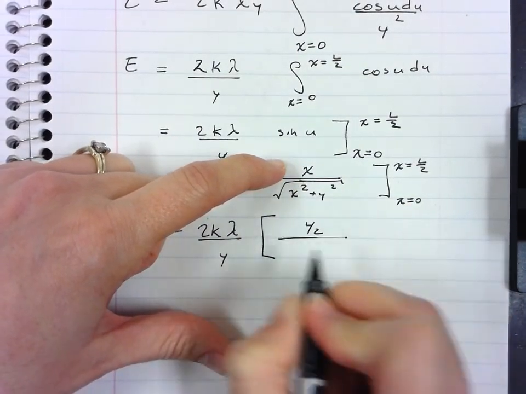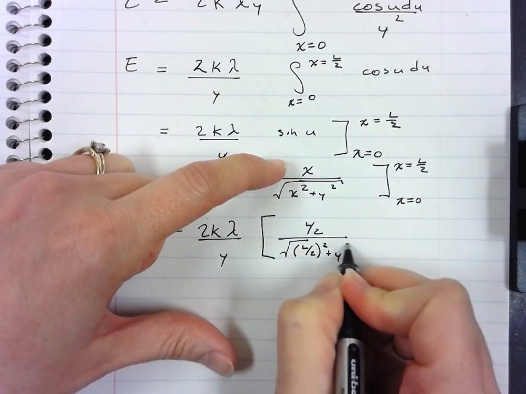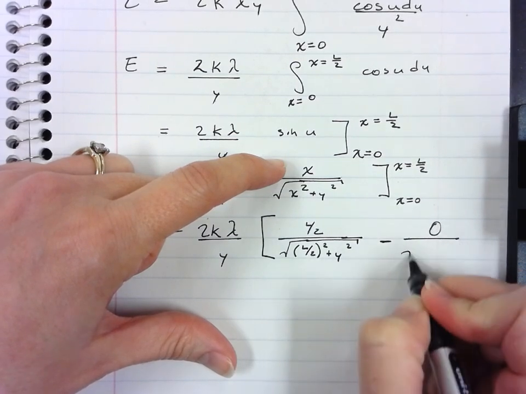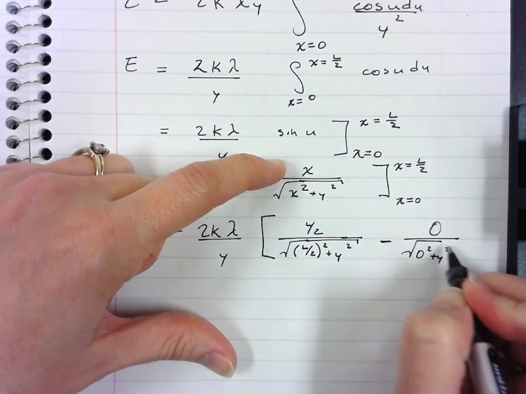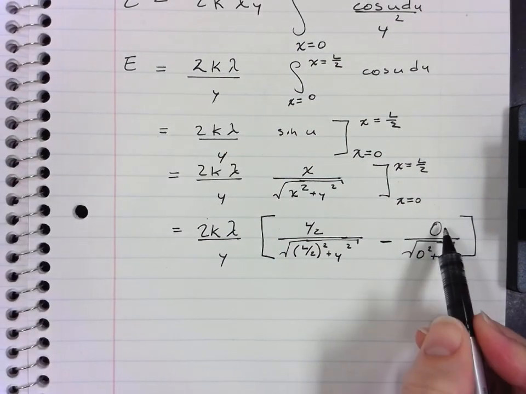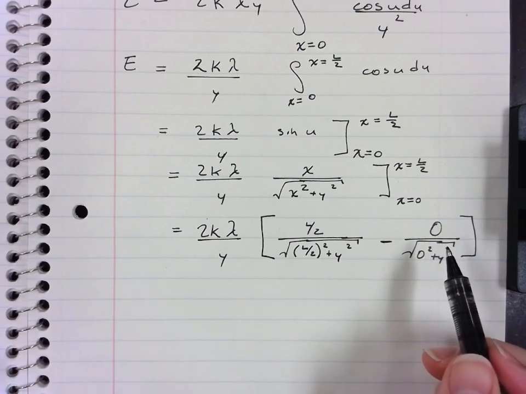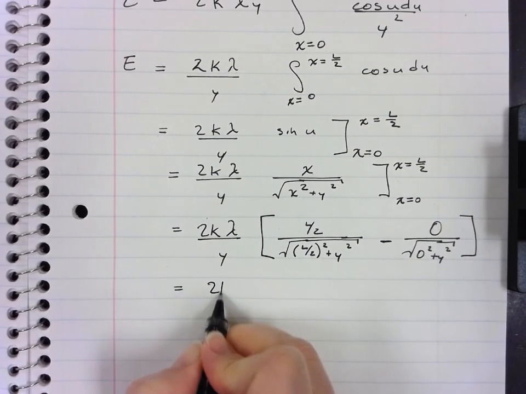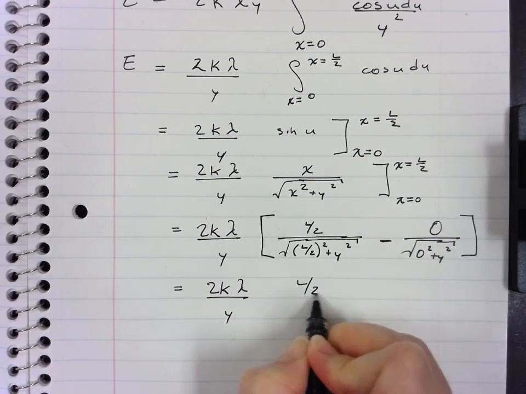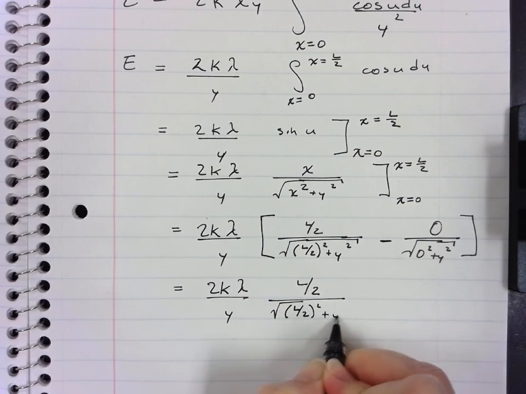So L over 2 over the square root of L over 2 squared plus y squared, minus 0 over the square root of 0 squared plus y squared. Well, our denominator is just y here, but 0 divided by anything is just 0, so that term disappears. And we have 2k lambda over y times L over 2 over the square root of L over 2 squared plus y squared.